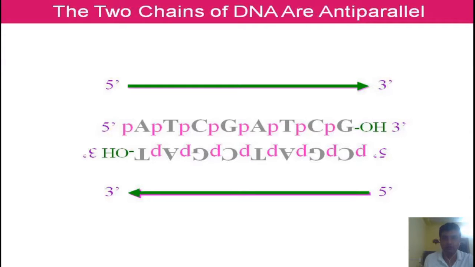These two strands are directed in opposite directions, so they are said to be anti-parallel. So DNA differs from the other type of nucleic acid, RNA, which consists of only a single strand.